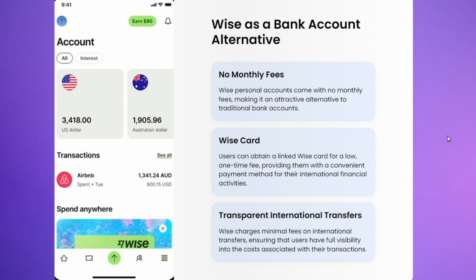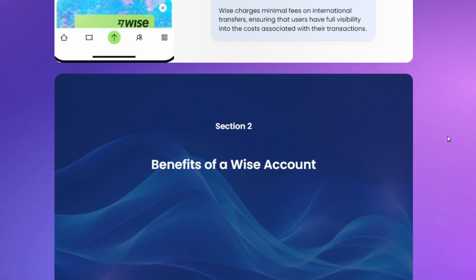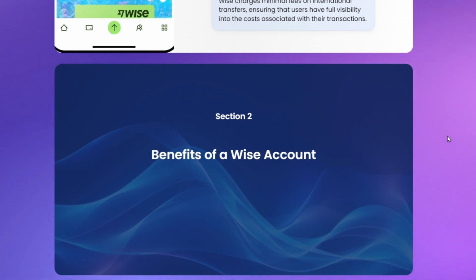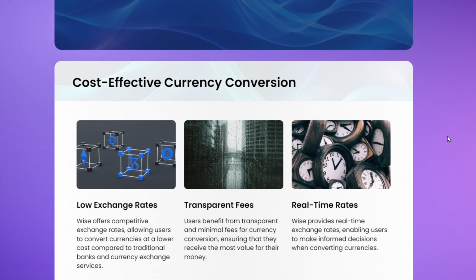Users can obtain a linked Wise card for a low one-time fee, providing them with a convenient payment method for their international financial activities. And Wise charges minimal fees on international transfers, ensuring that users have full visibility into the costs associated with their transactions.